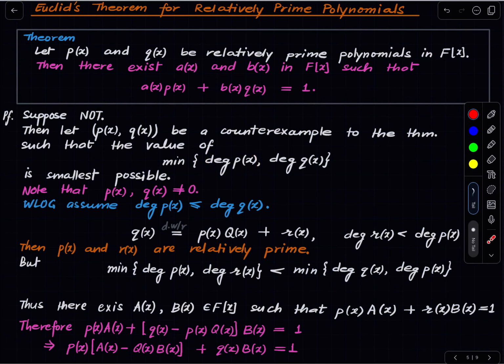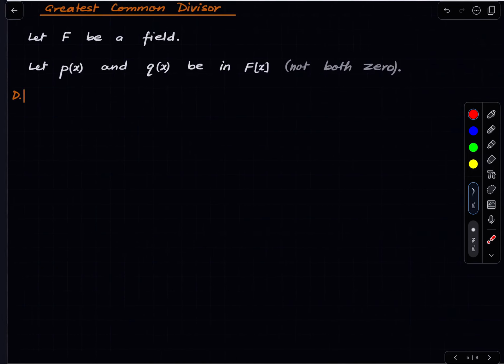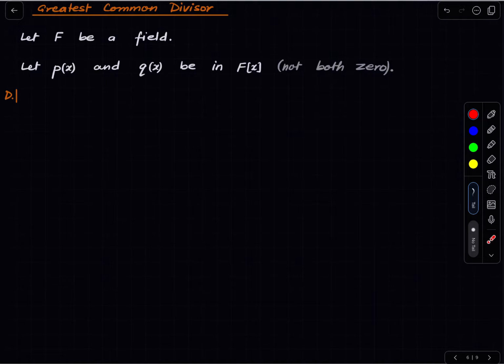So this is Euclid's theorem for relatively prime polynomials, but we want to prove it for general polynomials, and for that we will need the notion of the greatest common divisor. So fix a field F and fix two polynomials p(x) and q(x). Again, not both of them are 0.